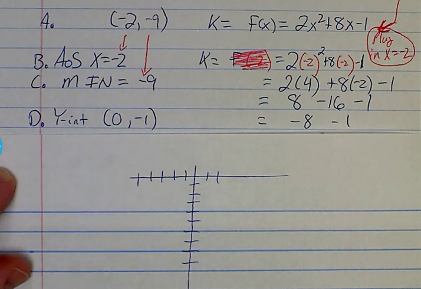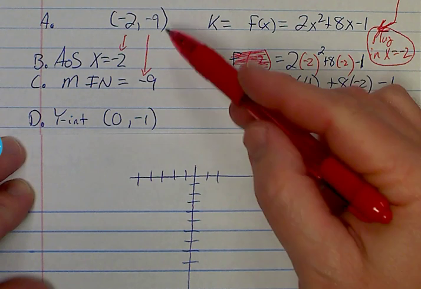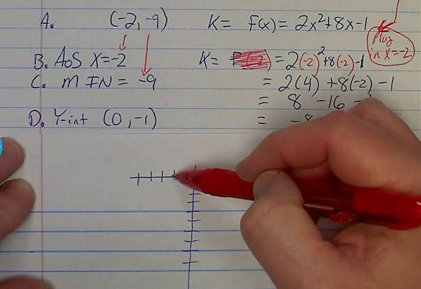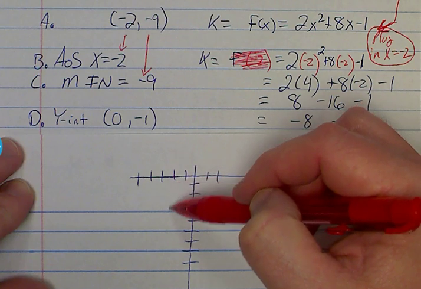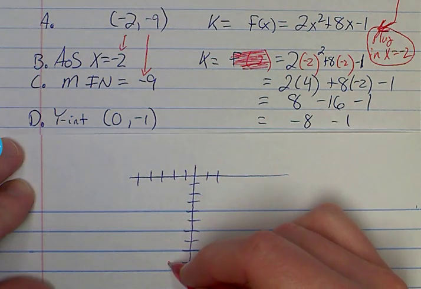And again, the vertex is the most important point on the graph. So that's at negative 2, negative 9. Make sure that one's good, because everything is going to spin off this one. So negative 2, negative 9: 1, 2, 3, 4, 5, 6, 7, 8, 9. We'll put us right there.